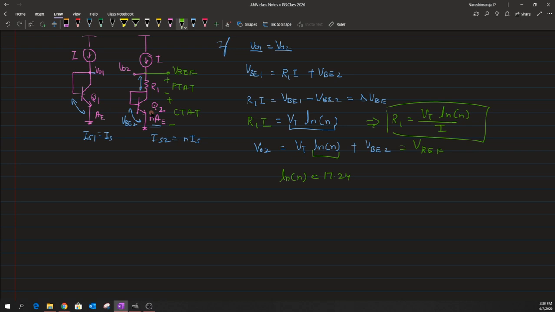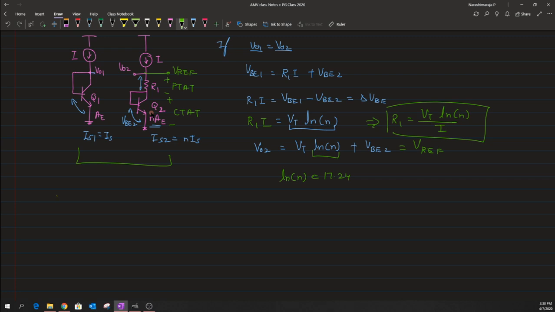Okay, yeah. So now basically this circuit needs a few modifications to be incorporated to make the circuit more practical. Okay, so in order to make the circuit more practical, we need two more modifications to be done.